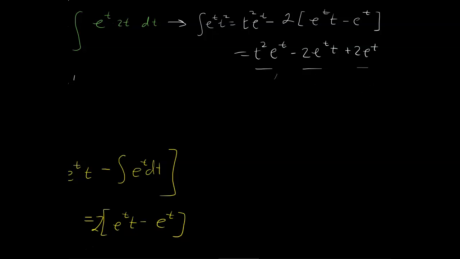And for each next subsequent one in this pattern, you have t squared, you have 2t, you have the 2, and ostensibly you would have the 0, which is why we stopped. The t's are taking these derivatives over and over and disappearing. And then as long as you alternate the signs, your pattern will fall out. So that's a nice thing to recognize.